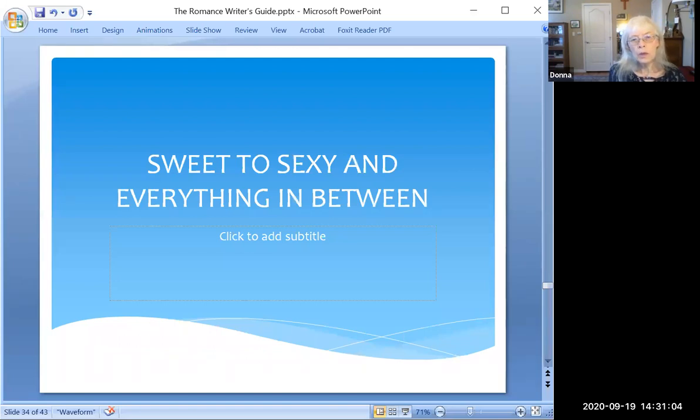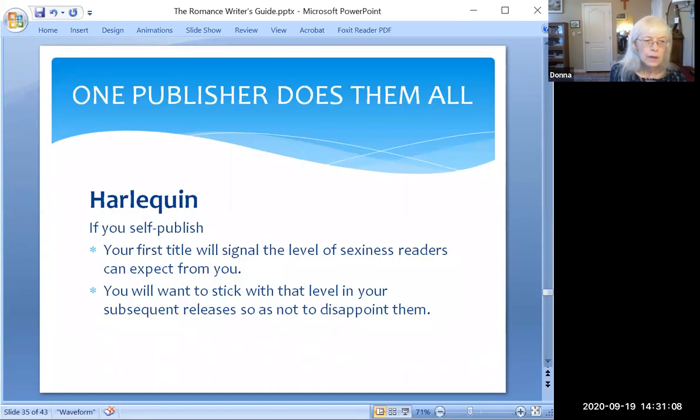We're going to talk about sweet to sexy and everything in between. Okay, next slide. One publisher does them all, Harlequin. So if you self-publish, your first title will signal the level of sexiness readers can expect from you. And you'll want to stick with that level in your subsequent releases so as not to disappoint them.